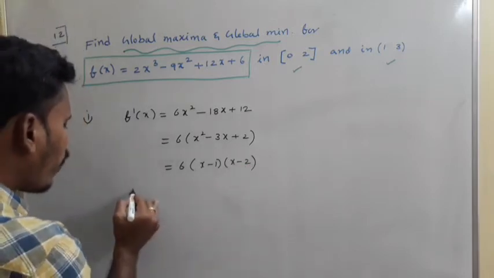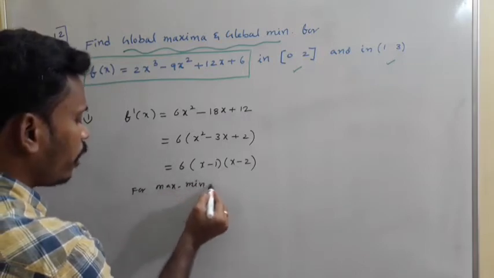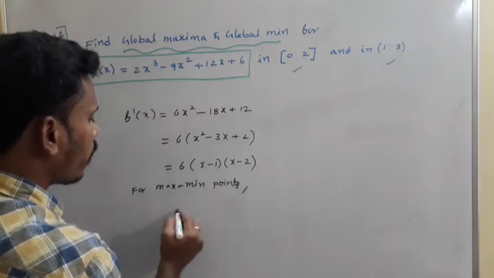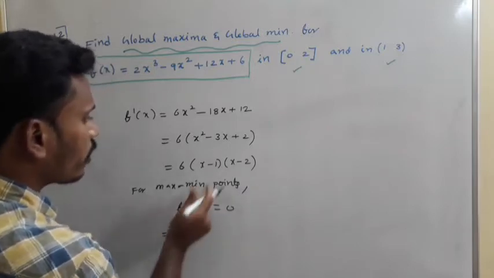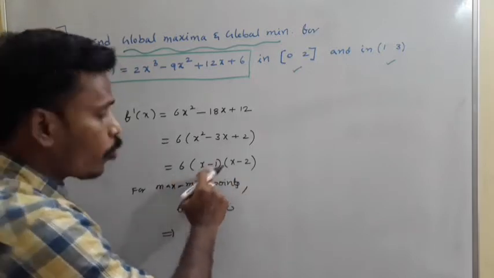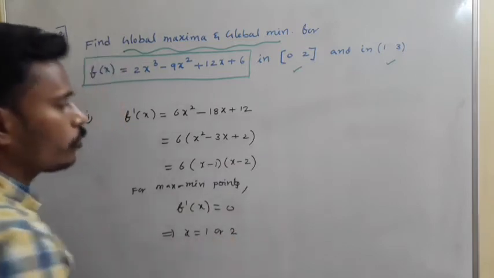For maxima-minima points, which you may call critical points, f'(x) = 0. This f'(x) is 0 at either x = 1 or x = 2. So the value of x is 1 or 2.